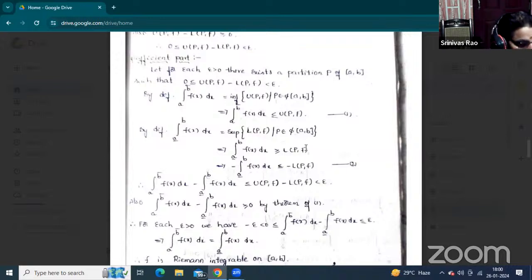Please note down: U(P,-f) = -L(P,f). So it reads as: on the negative function, the upper Riemann sum equals the negative of the lower Riemann sum. In the same manner, L(P,-f) = -U(P,f), meaning on the negative function the lower Riemann sum equals the negative of the upper Riemann sum.